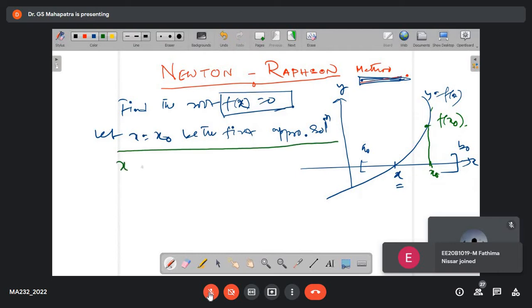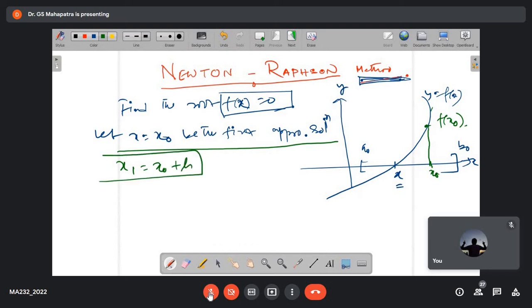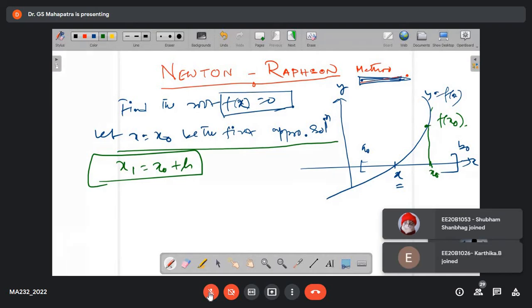Now you have to find another solution which is very close, the improved solution, x0 plus h. H is the increment that may be positive or negative. You have to find x1, the next solution.